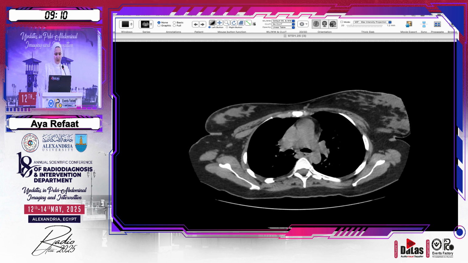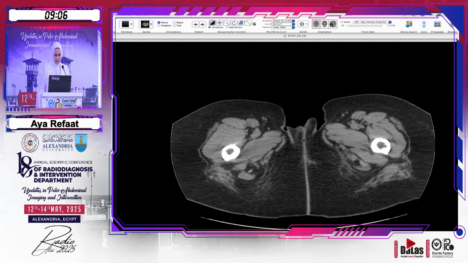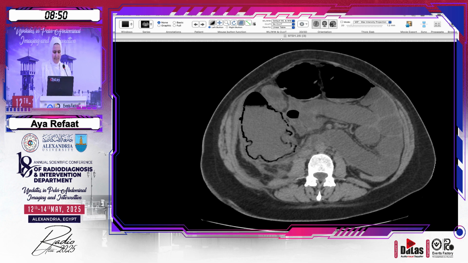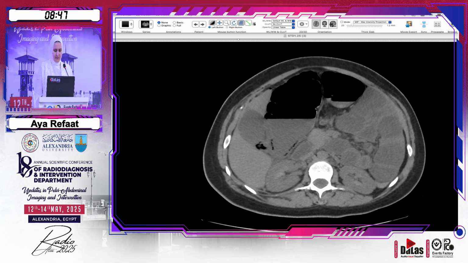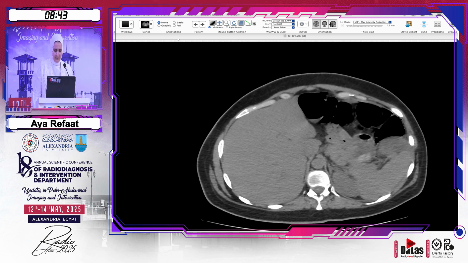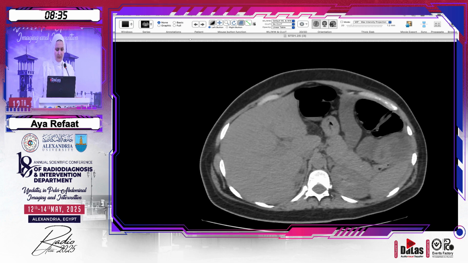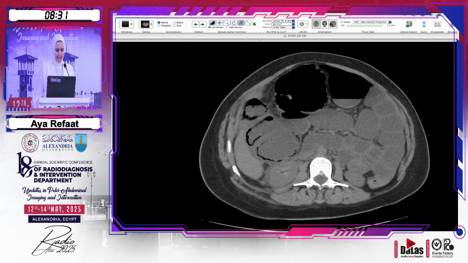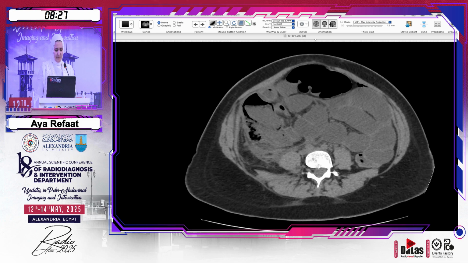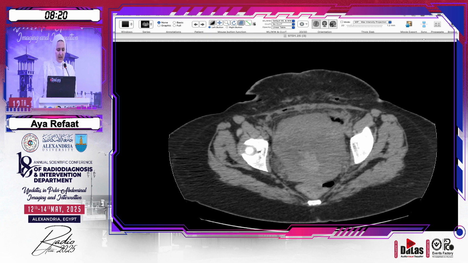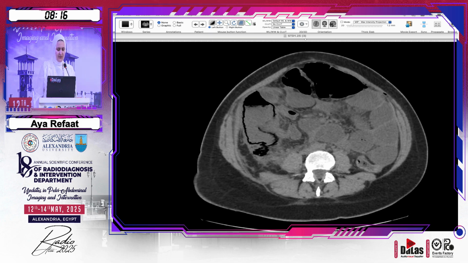Let's begin with the axial post-contrast venous phase. Let's follow the bowel, the colon, from the cecum to the rectum.